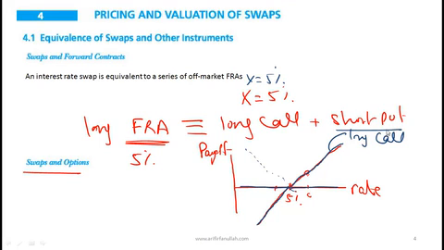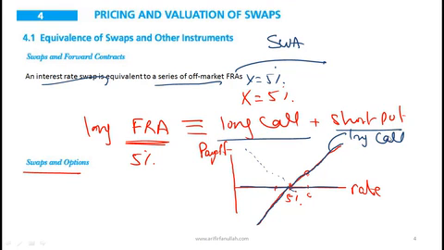Taking this one step further, we've already said that a swap is equivalent to a series of FRAs, and each FRA is equal to a long call and a short put. So for some strange reason, if you must do this, you can construct a swap by having a series of long calls and short puts. Okay, so that's just demonstrating the equivalence of a swap with options.